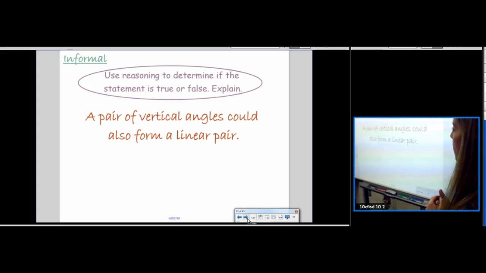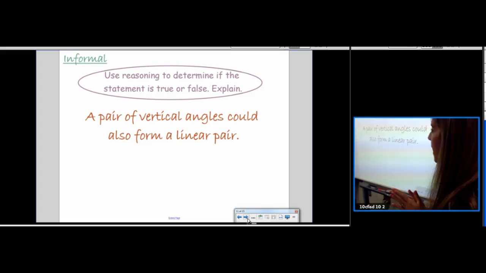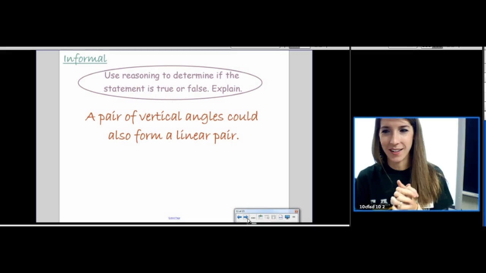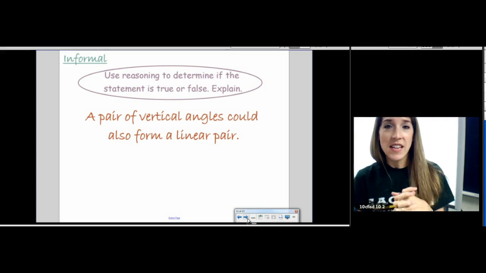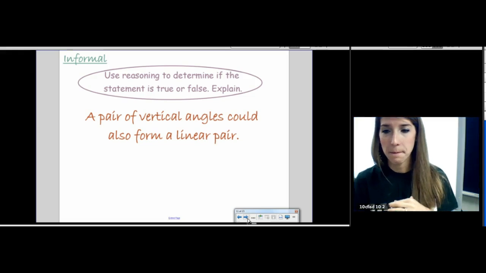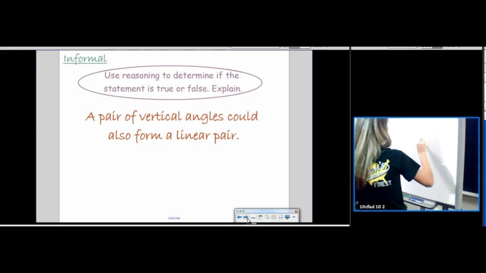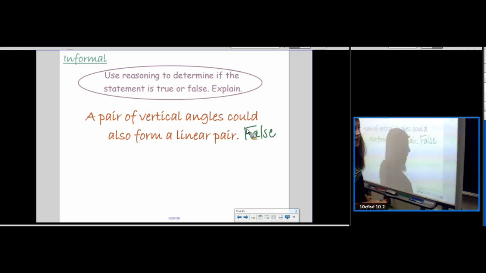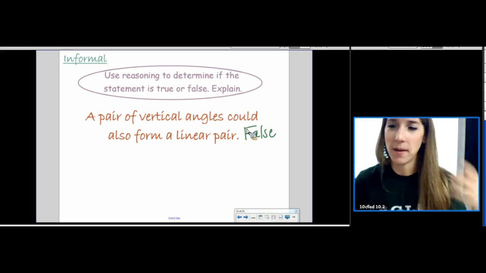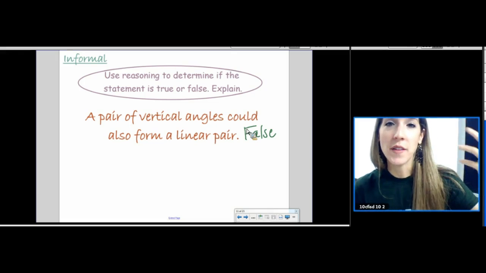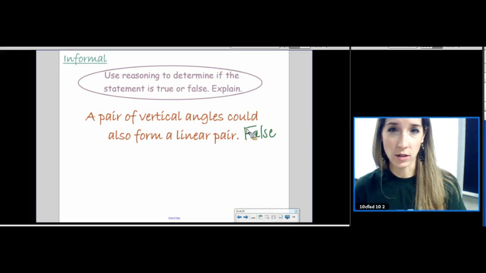Next one, a pair of vertical angles could also form a linear pair. This one we're going to back up using the definition of these words. Definition of vertical angles, definition of linear pair. Good. So we know that this one's false. And we could write out a long sentence. Here's what I would write if I were really writing the long sentence. By definition, vertical angles are the opposite angles formed when two lines cross.